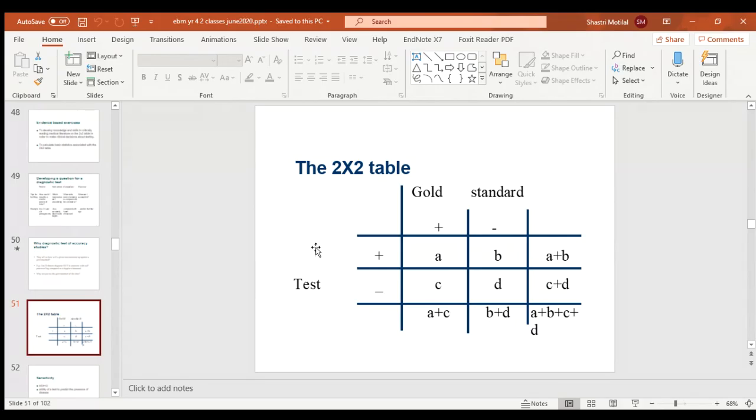You could post the answer in the chat. I would say it's a trick question, but I know some people will figure it out. If you were to do a diagnostic study and draw a table like this, what do you all think?